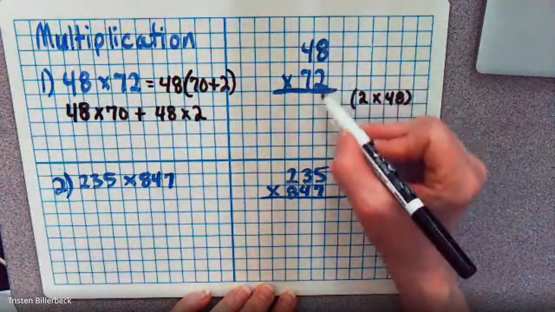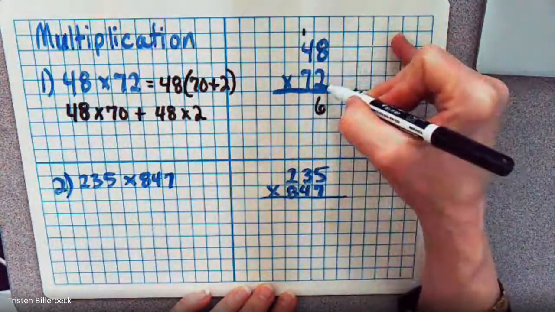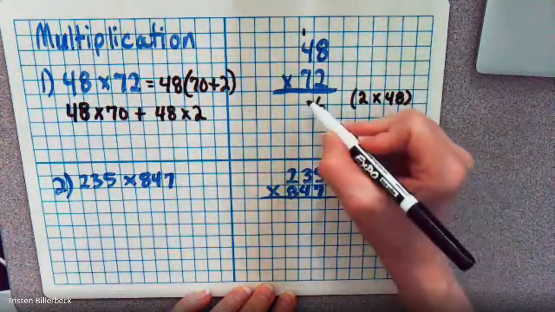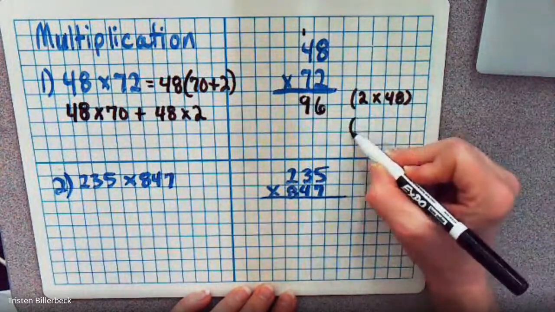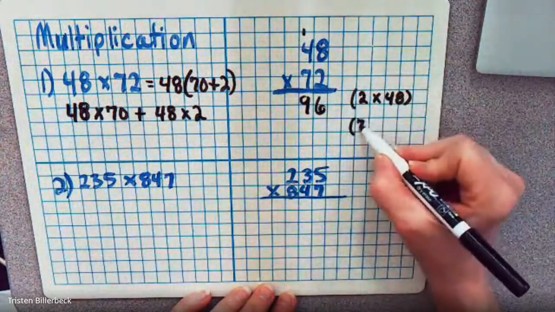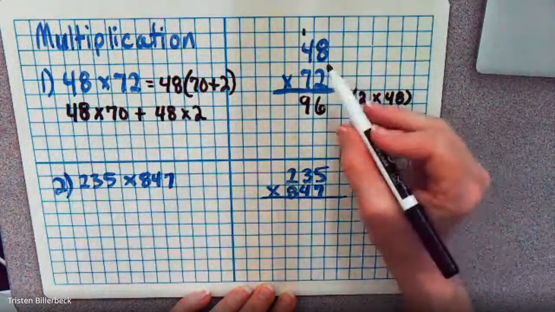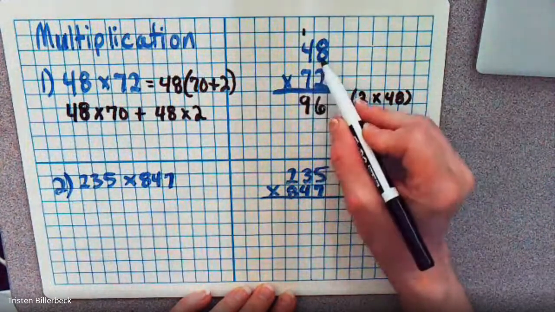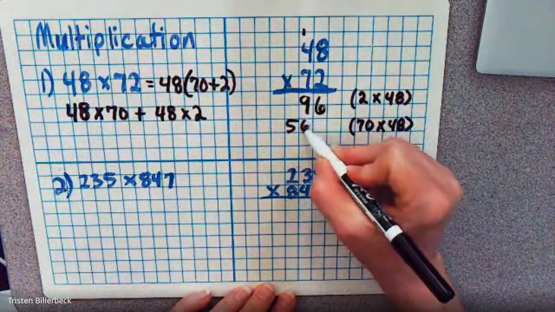So 2 times 8 is 16. Carry a 1. 2 times 4 is 8, plus 1 is 9. So we put it in that one. This next line, we're going to do 70 times 48. So 70 times 8 is 560.